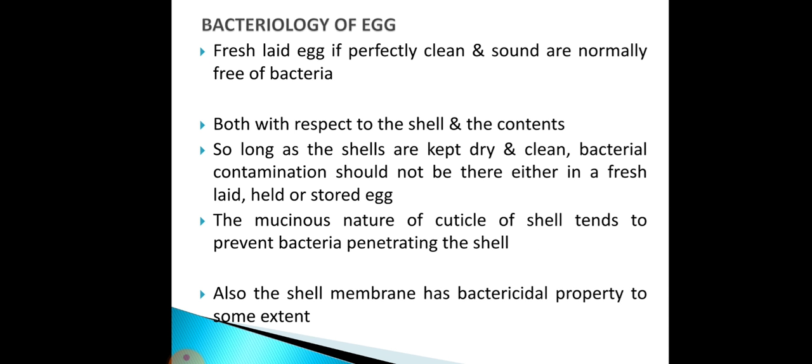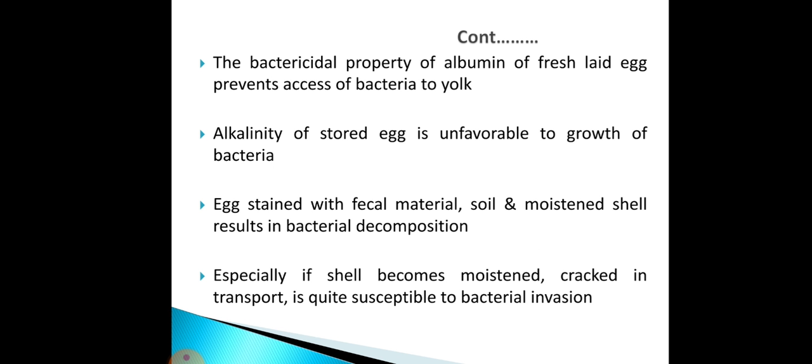Bactericidal means it prevents the growth of bacteria or kills the bacteria. The bactericidal property of albumin of a fresh laid egg prevents access of bacteria to the yolk. Alkalinity of a stored egg is unfavorable to growth of bacteria.